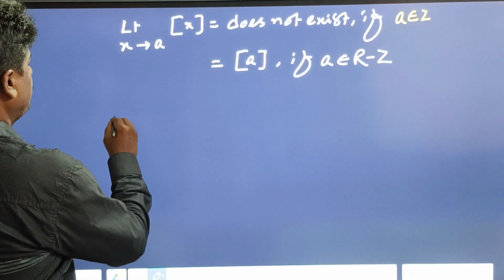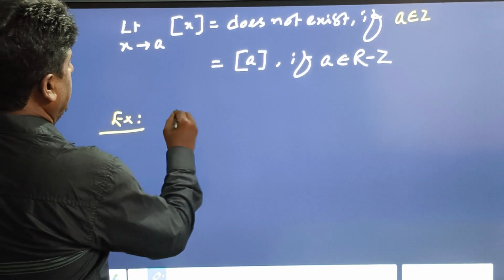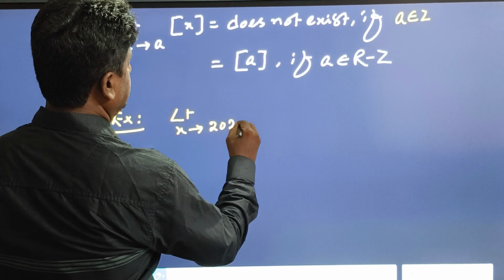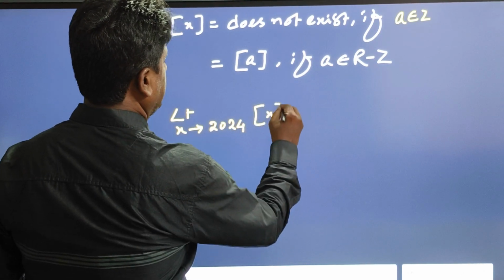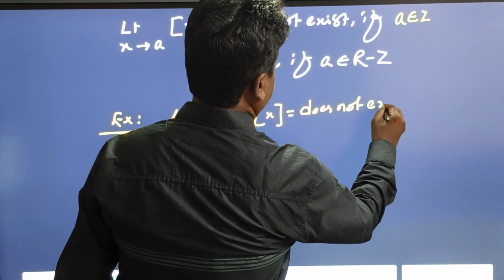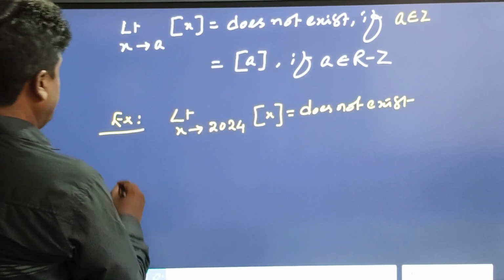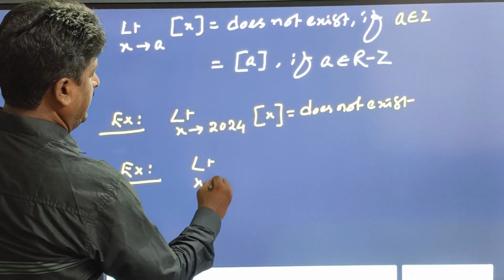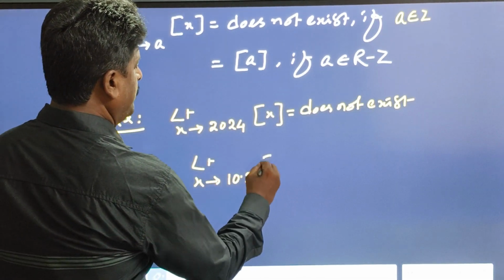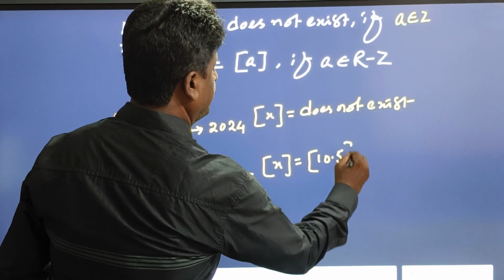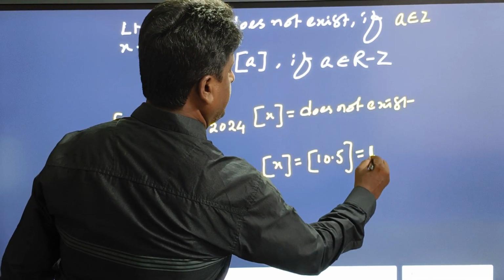Okay, for example, limit x tends to 2024 step x does not exist. Limit x tends to 10.5 step x will be step of 10.5, that is equal to 10.